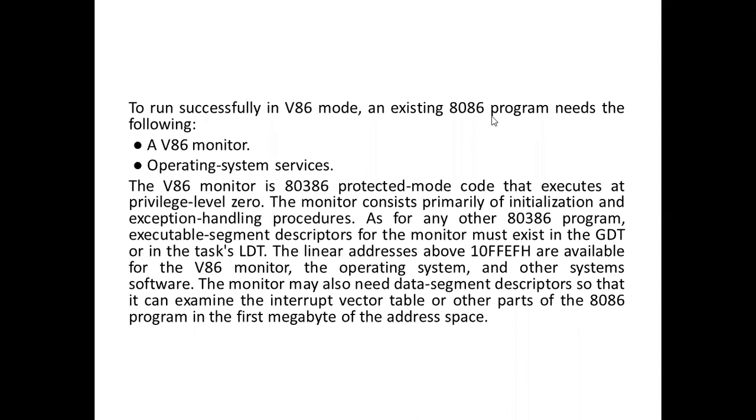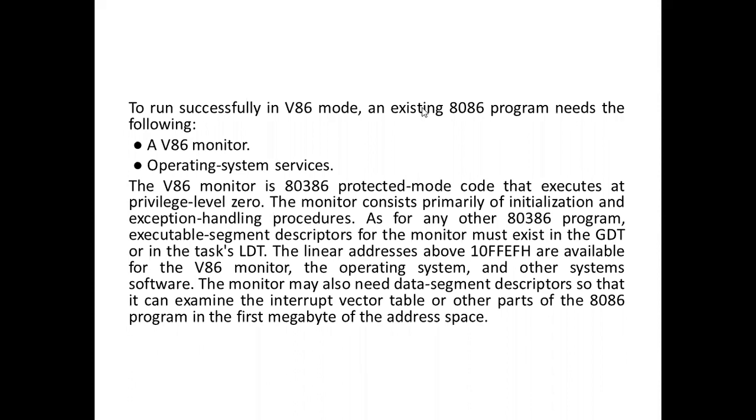So what is expected when entering into a V86 is that we have functionalities or core programming that we can change, with respect to privilege 0 for that environment, which will have a primary initialization or some exception handling procedures.